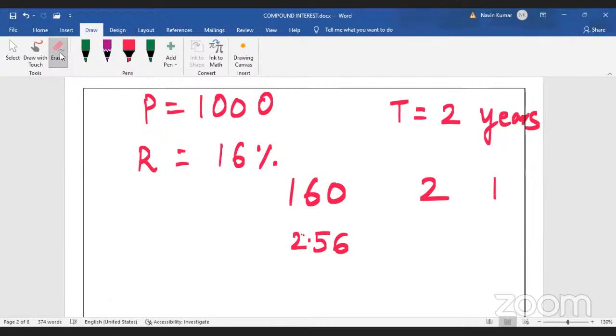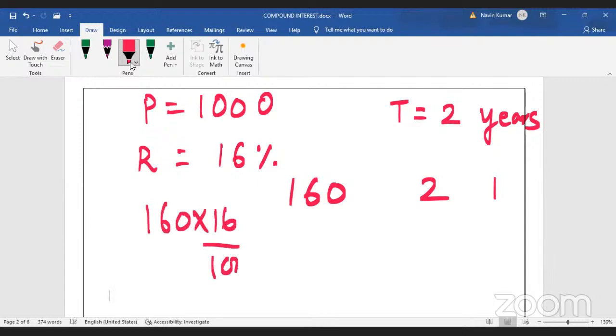Yes sir. Sir, how? 160 into 16 by 100. How much is it? 256 by 10, 25.6. Okay. This was first step.